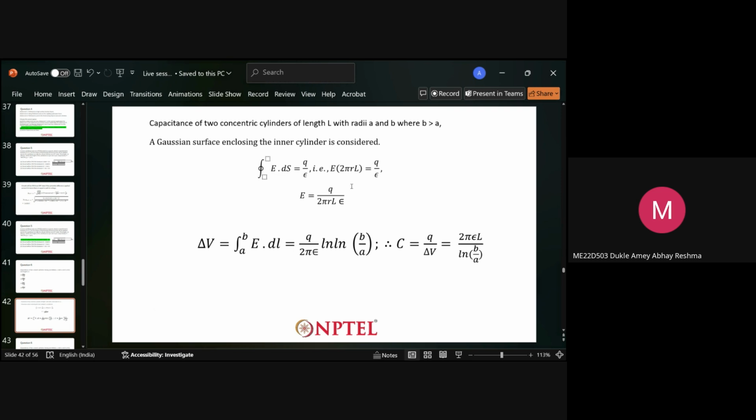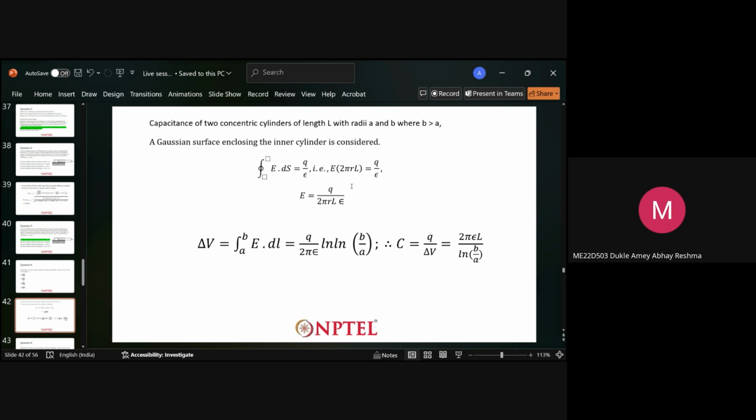Now, to find out the capacitance, we basically use Gauss's principle here. Gauss's principle states that within the surface ds, the charge is q by epsilon naught. So q is already the charge that has been given.